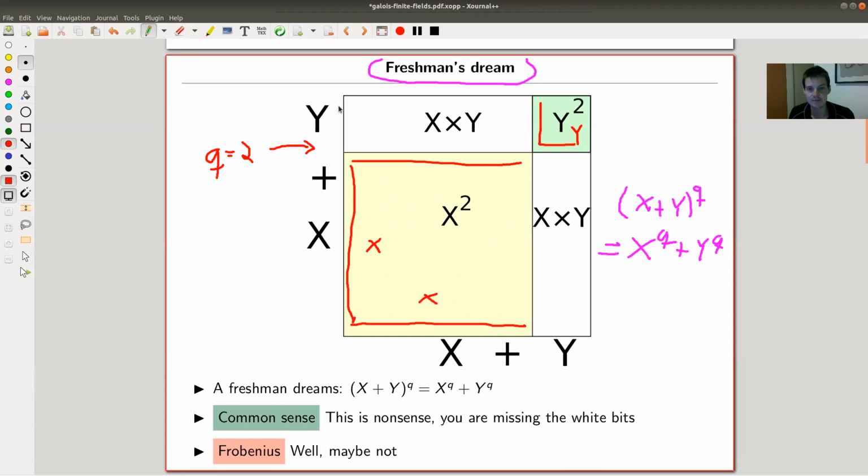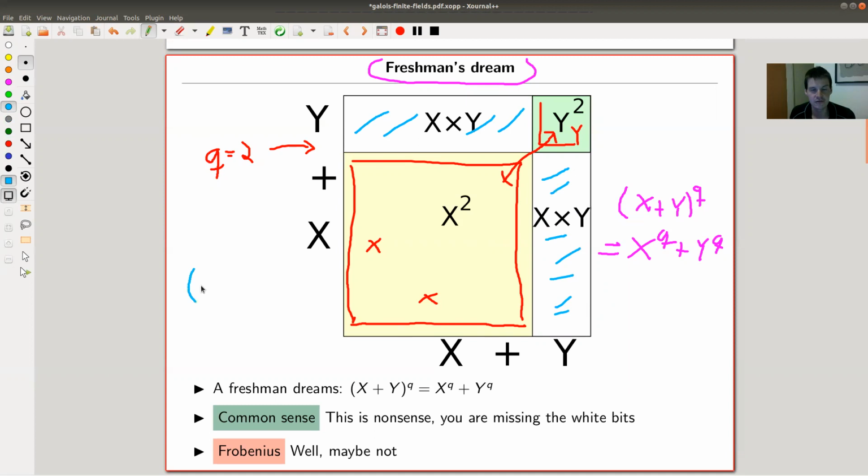And of course, (x plus y) squared is just the area of the big square. Freshman's dream is just the sum of those two squares, so we're certainly missing out quite a lot. Freshman's dream just can't be true. It's common sense, no way this is true. You're losing quite a lot.